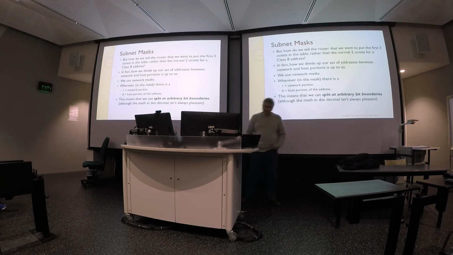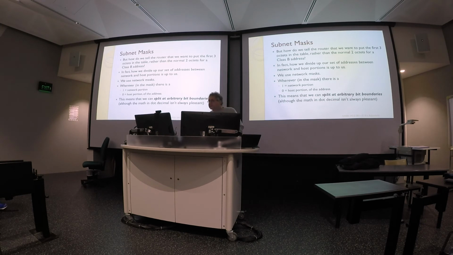So what the subnet mask does, as I said, is tell the router how many bits are network bits and how many bits are host bits. So in this particular example we had on the last page, we want to tell the router that the first 3 octets in the table are for network identification and the last octet is for host identification.